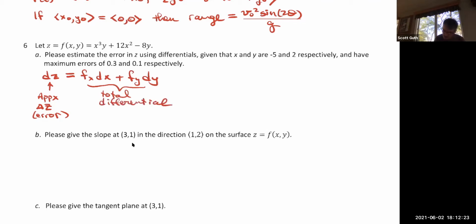Okay, so maybe we could do fx down here. Oh, I made a couple of mistakes there, so let me fix that. x is -5, y is 2, so that should be times 2.